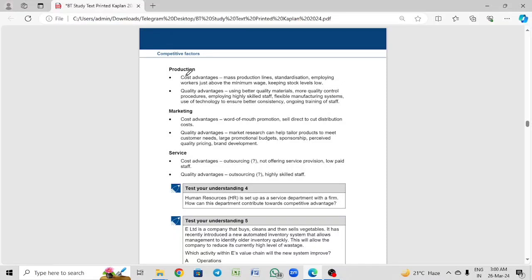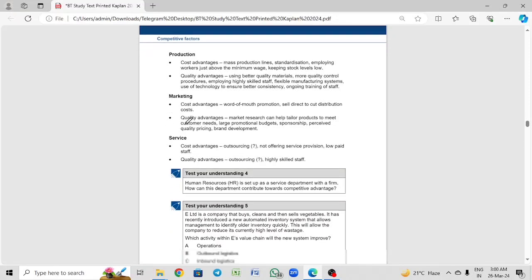Then quality product, again differentiation strategy which I will be focusing on, I will provide better quality product, okay, this will enable me to charge higher prices, okay. Then marketing, if my marketing is not very costly, okay, if my product is being sold from word of mouth promotion, okay, or if I'm able to sell my product directly from the factory to the customer, okay, again making me a cost leader, or I'm having a quality advantage, okay, again I'm focusing on a differentiation strategy.